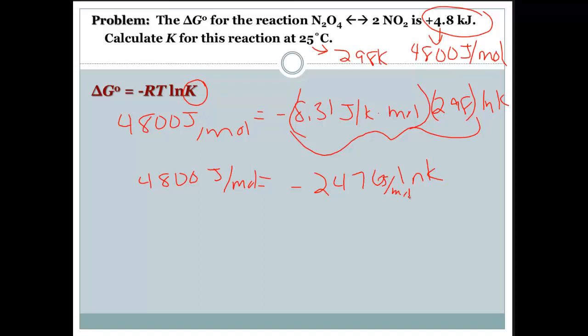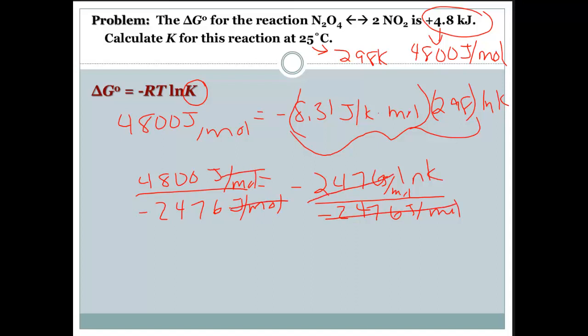Alright, I can divide both sides by negative 2476. Our ln of K is then equal to negative 1.939.